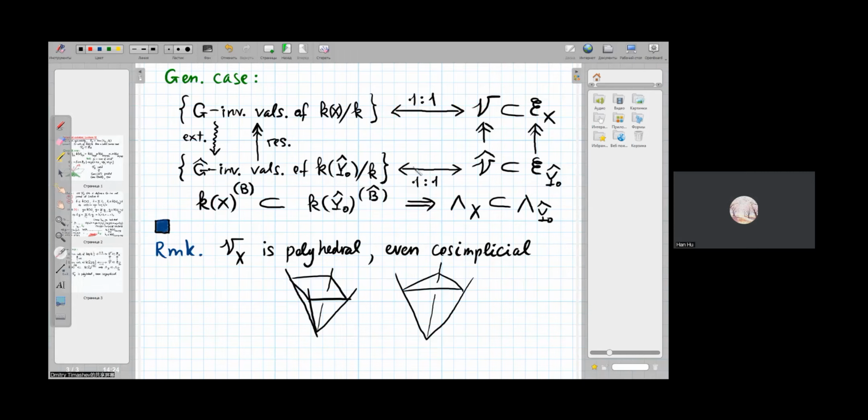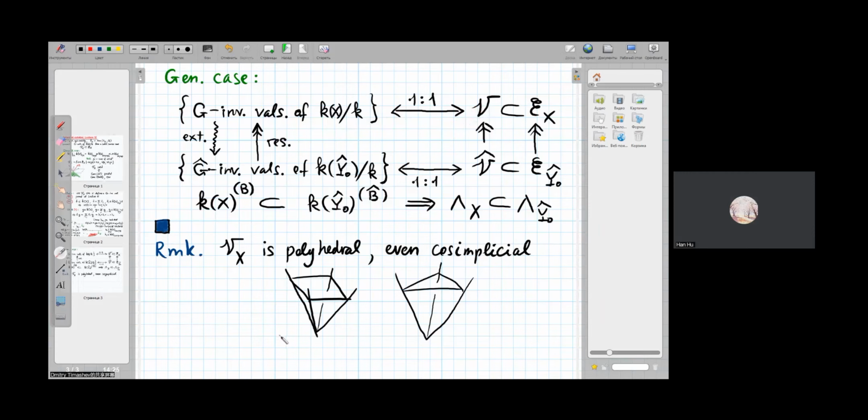But this map is surjective because this is one-to-one, and this map is surjective, and this map is also surjective. So injectivity, we already know the injectivity here. Injectivity is from the previous lecture. We have proved, I guess it was lemma 1, that a G-invariant valuation is uniquely recovered from, determined by. Yes.